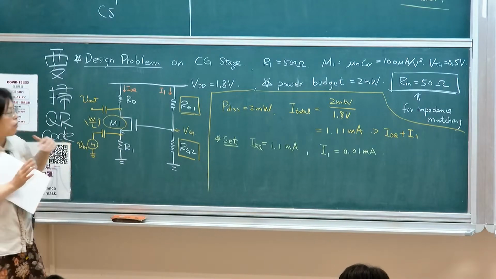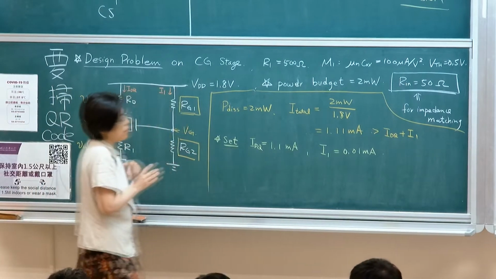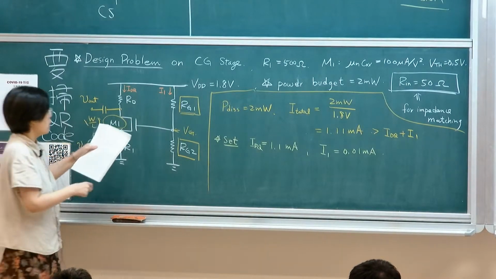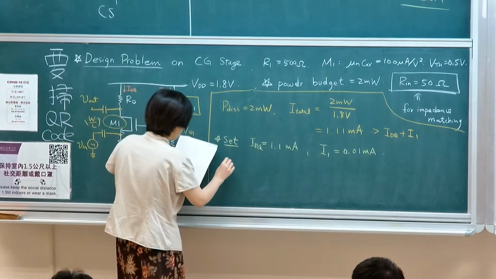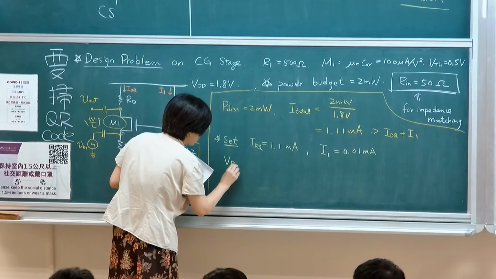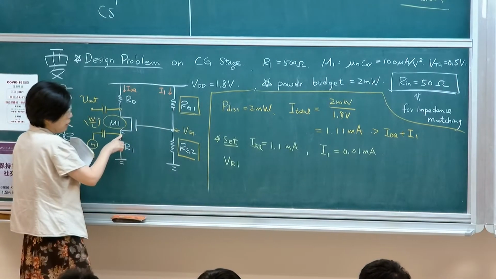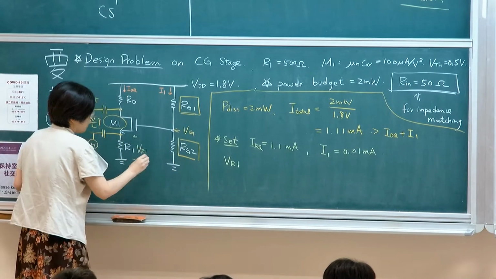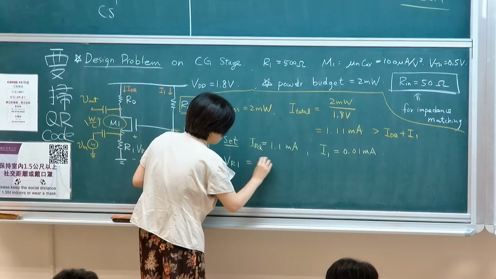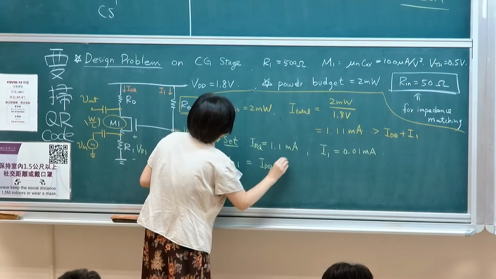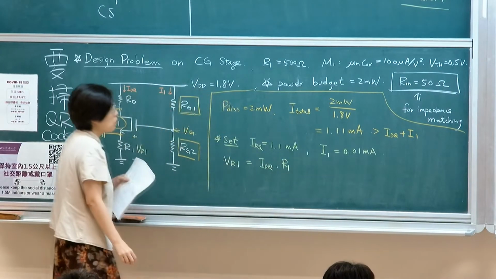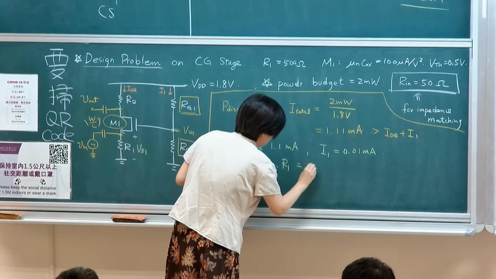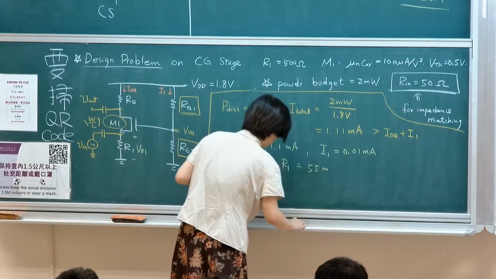There might be some trade-offs, but this is one setting that allows us to design further. Because of this, I know the voltage at this biasing point, VR1. VR1 will be IDQ times my resistor R1, which is 500 ohm. Therefore, it gives me 550 millivolt.